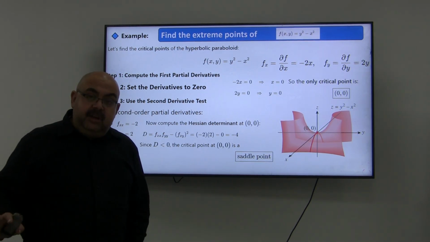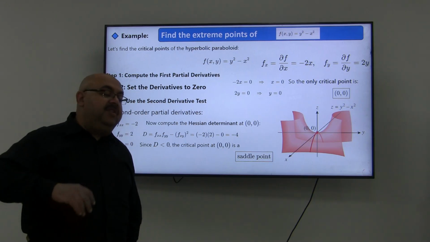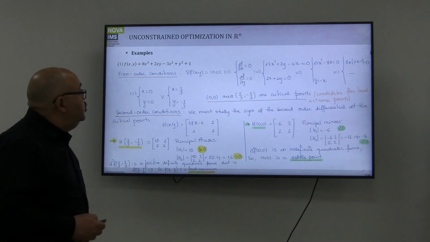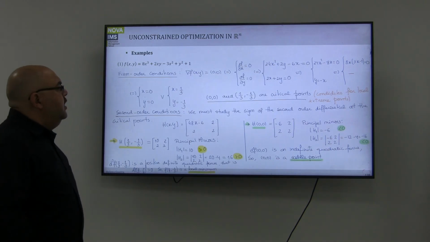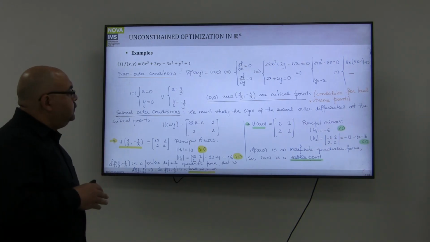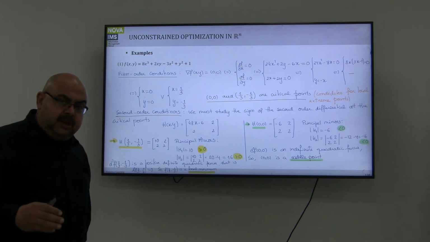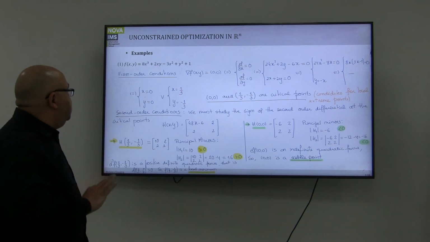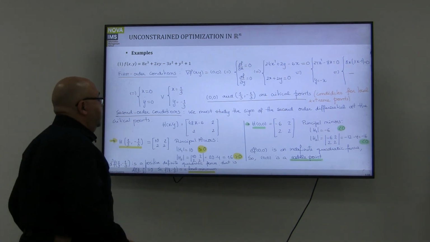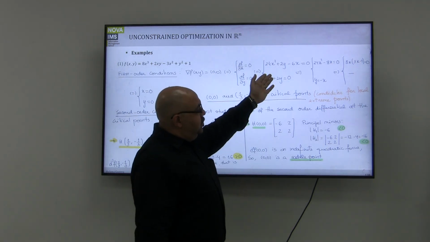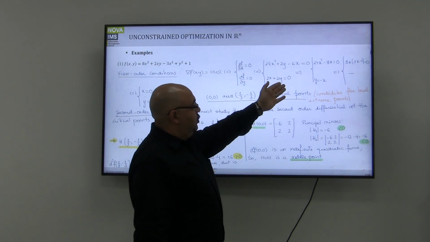Steps are really very clear, very smooth, either in R and also in R2 if I'm talking about functions in 2 variables. That's another problem, but I've tried to solve this problem using the principal minors. It's a straightforward procedure. Get the first derivative, put it into 0, try to solve your equations.